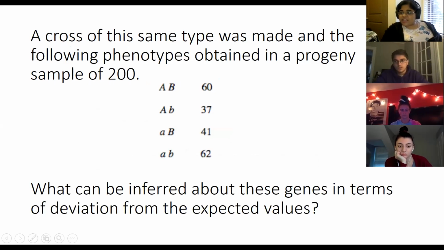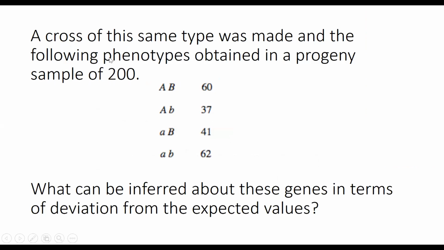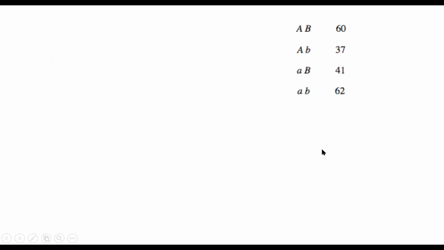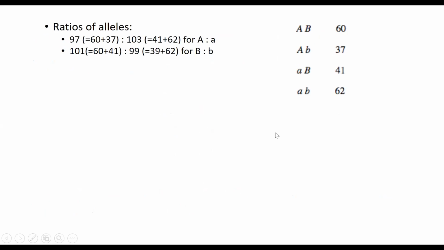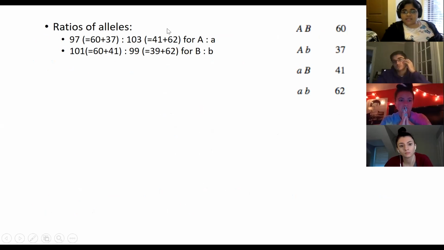So we have a sample of 200 with the observed values of these. What can be inferred? How much of a deviation is it from our expected values? One of the things you can do is look at the ratio of alleles. That shows there's some deviation from a 1 to 1 ratio, right?